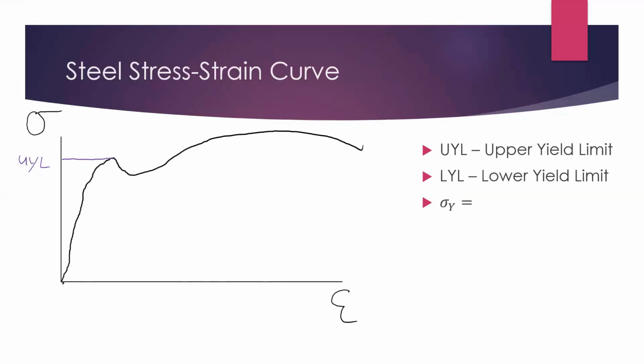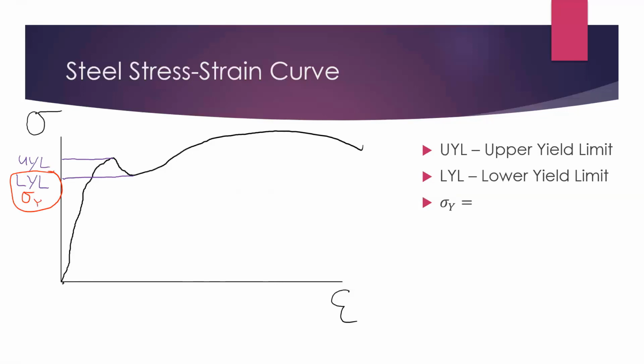The lower yield limit is the bottom of this trough. And the lower yield limit is what we use as our sigma Y value, our yield. Note that that's a capital Y, not a lowercase y.